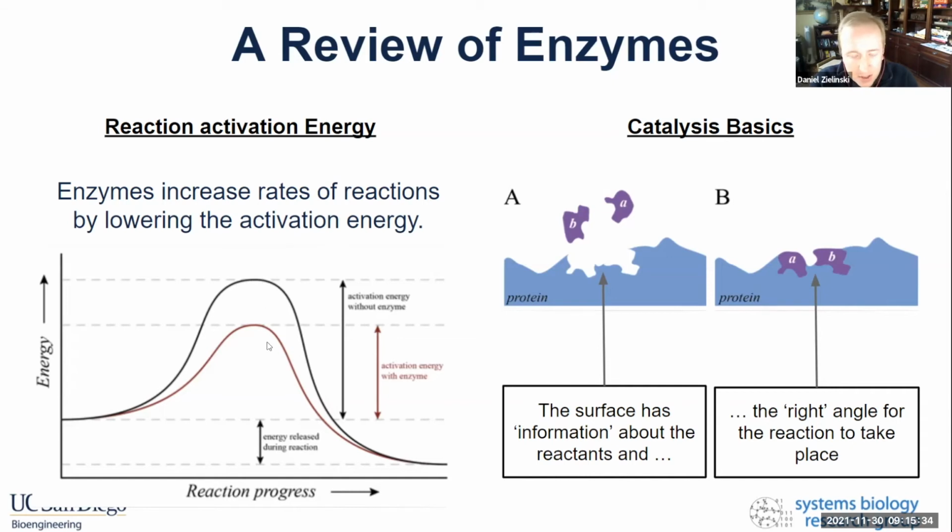What enzymes are generally thought to do is to help stabilize that really high energy state, to lower this activation energy, which means that you need less thermal energy to pass over it. And so there will be more collisions that have enough energy, and the reaction proceeds at a higher rate.